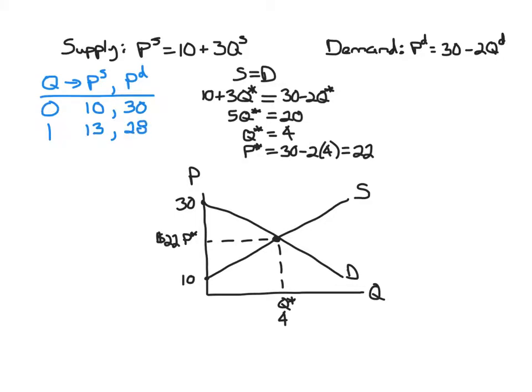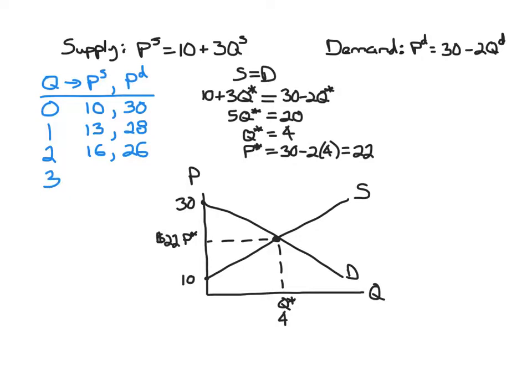Okay, so far we have not found a quantity at which the supply price and the demand price will match. So let's keep going. 2 plugged into the supply equation would be 10 plus 6 is 16. Plugging 2 into the demand curve, 30 minus 4 is 26. All right, we still don't have a match, so let's go to 3.